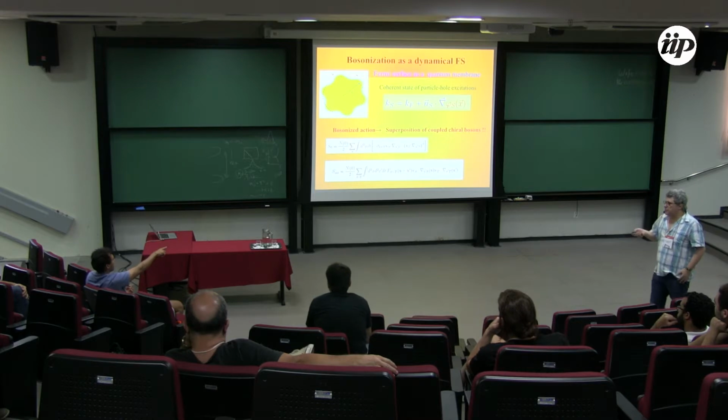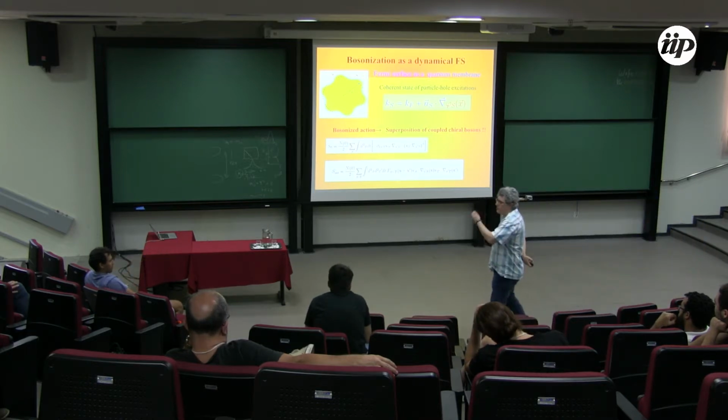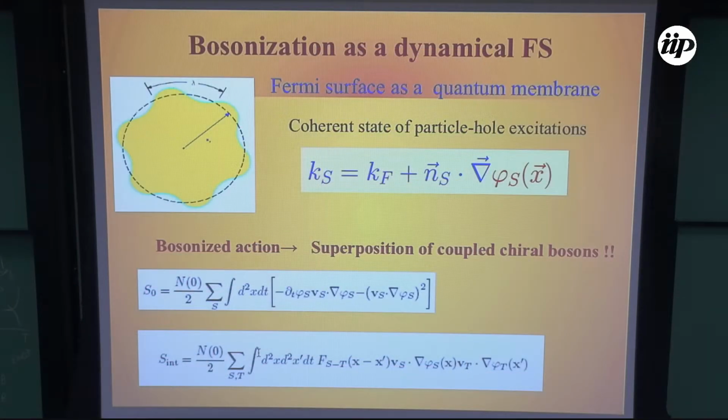No, it's short range. We put a delta or very, very short range. No, the points of the Fermi surface are here in S, and I am summing over all the Fermi surface.